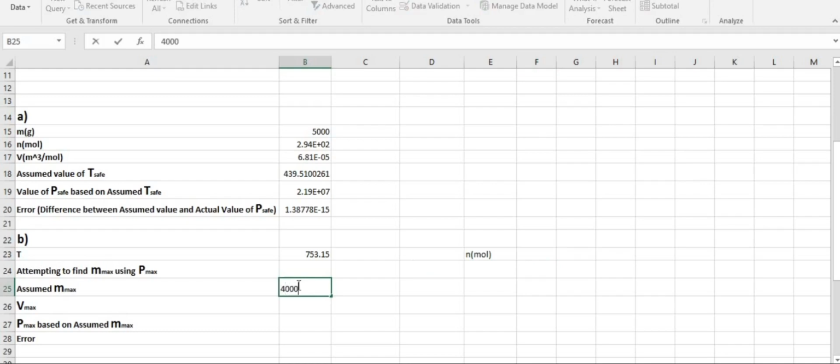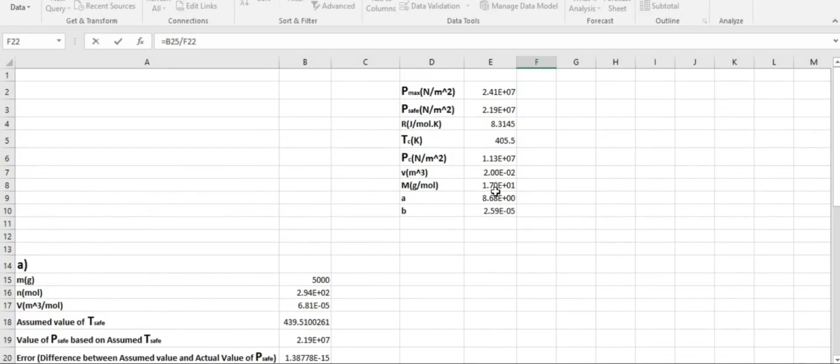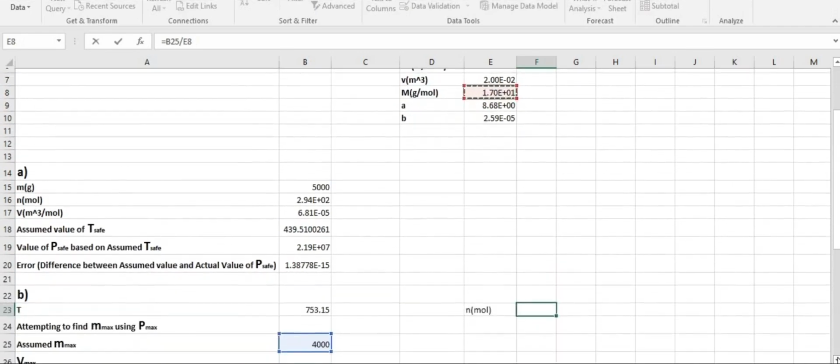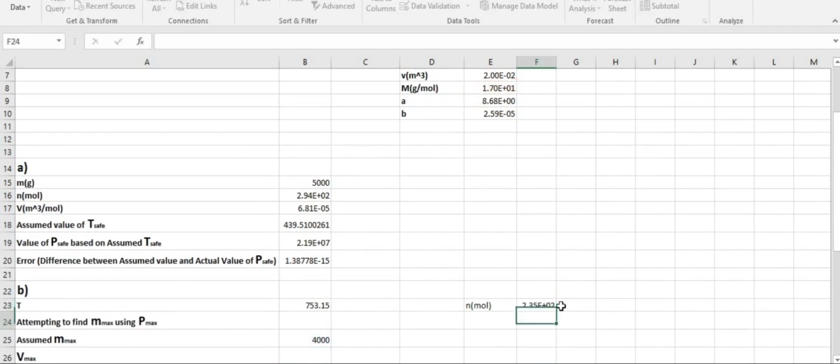That's 4,000 grams. And in that case, our number of moles will be equal to this reactant mass divided by our molar mass, which is up here, equal to, this is our new value of number of moles.